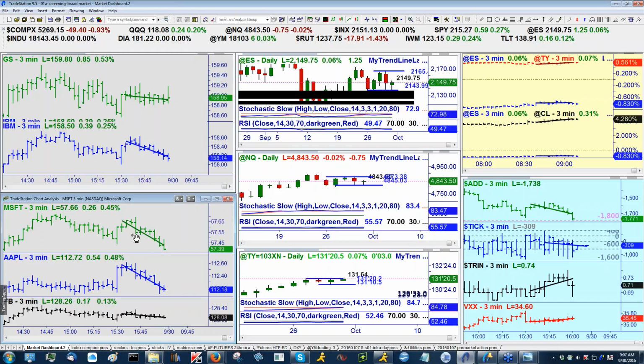On the other hand, if you had seen Microsoft heading down like that and Apple heading up like this, that would have been a fight. It's not an impossible trading environment by any stretch; one just adjusts their tactics and modifies their exits.